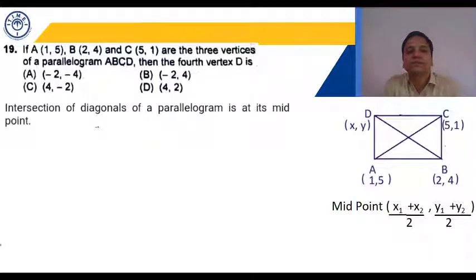So it is (1 plus 5 by 2, 5 plus 1 by 2), that is 6 by 2, 6 by 2, which is (3, 3).